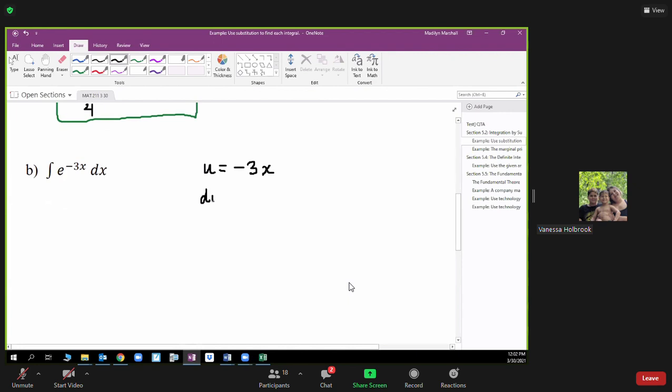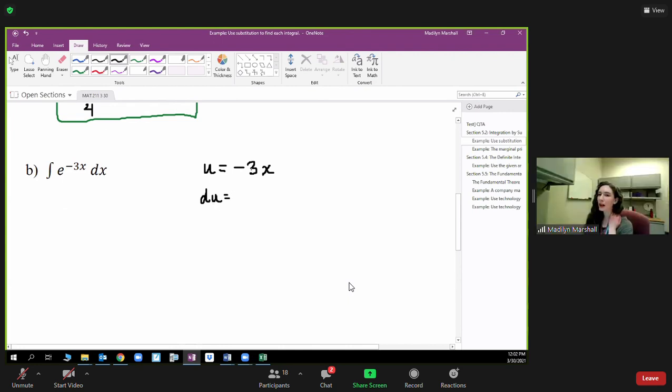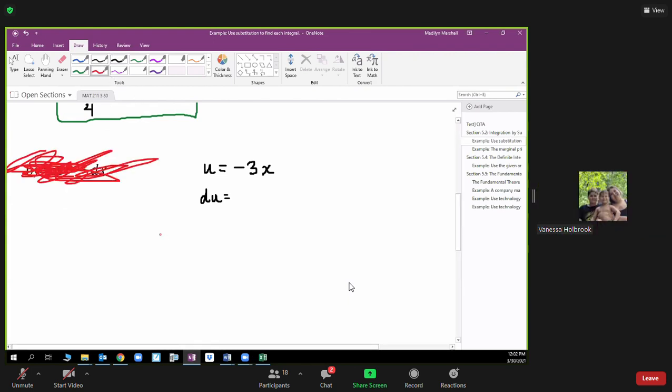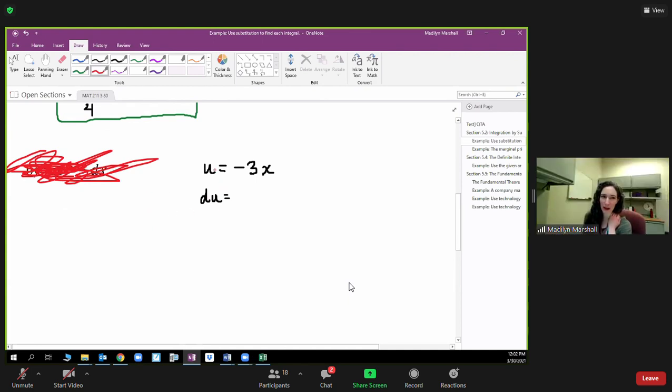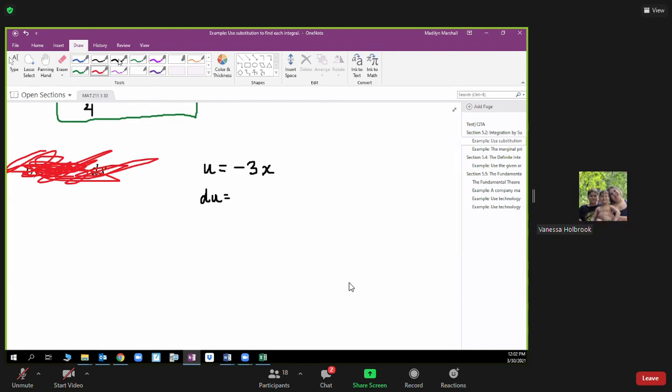Then our du will be... when we're finding du, we don't look at the original at all. So du comes directly from u. So if u is negative 3x, what is du?